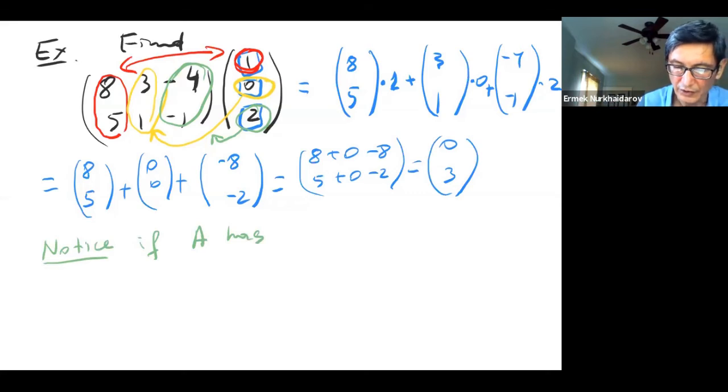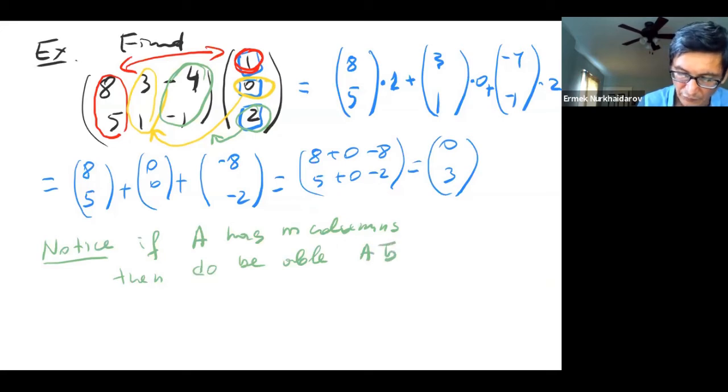So in general, if A has m columns, then to be able to multiply A times vector B, the dimension of B should be m cross 1.